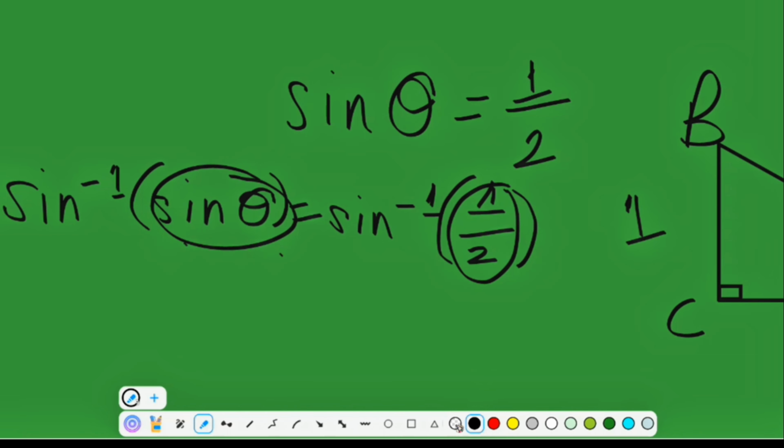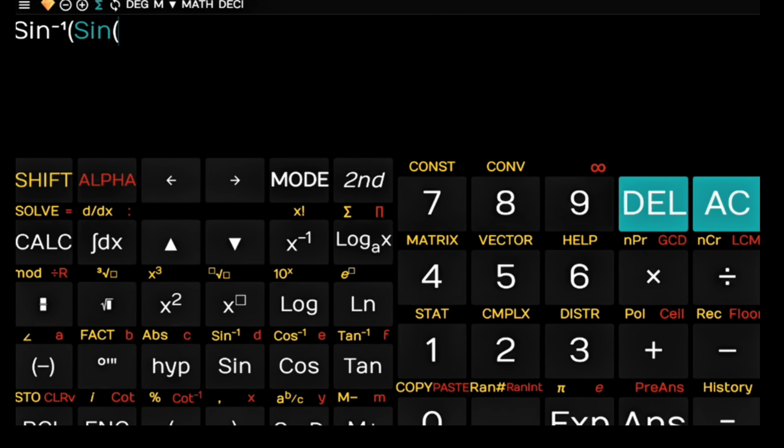This sine right here is the one that we place on the calculator, and sine arc is also the one that we place on the calculator. The only thing that we don't have on the calculator is theta. But since theta is an angle, we can give it any number. So right here is where we're going to put in theta.